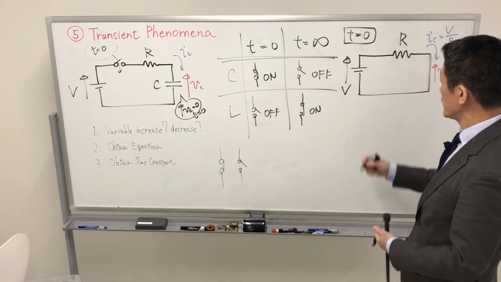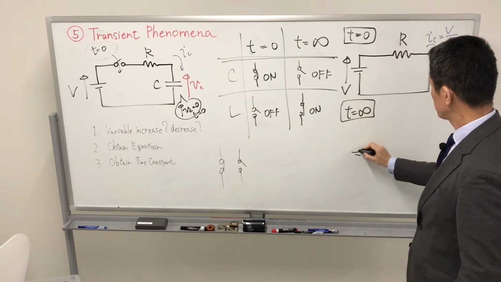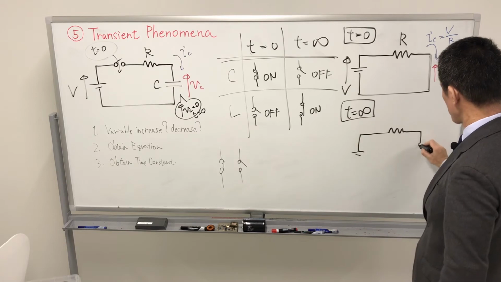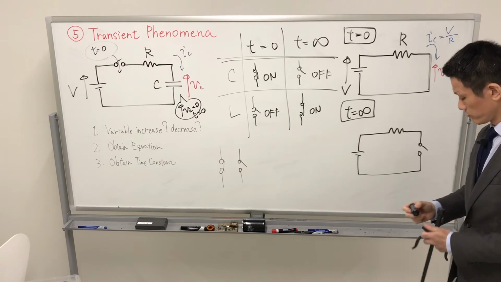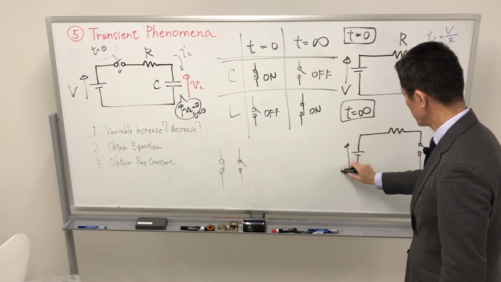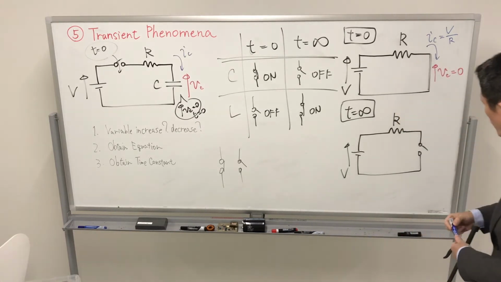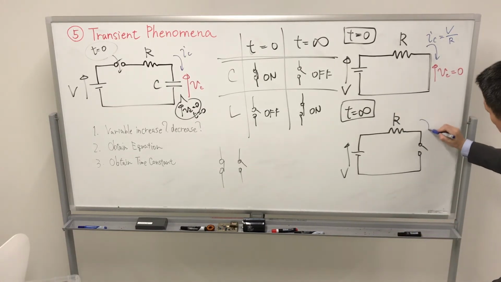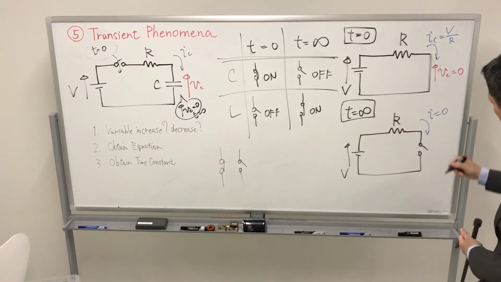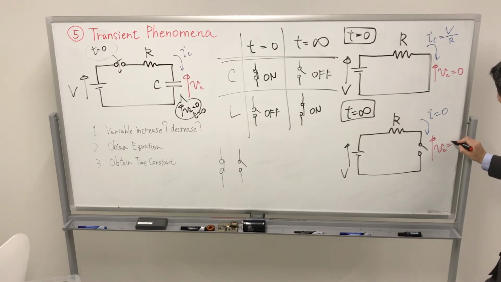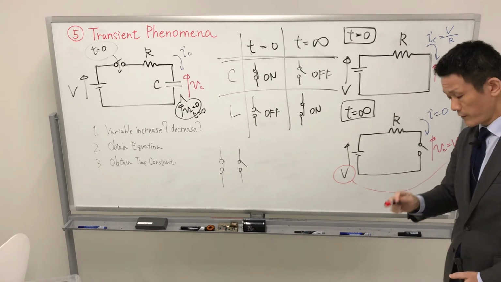And how about T equals infinity? Open the switch. Of course, with the switch open, I equals 0. VC is the input voltage V. Okay, very easy.